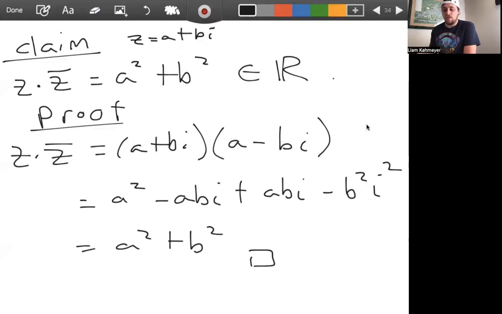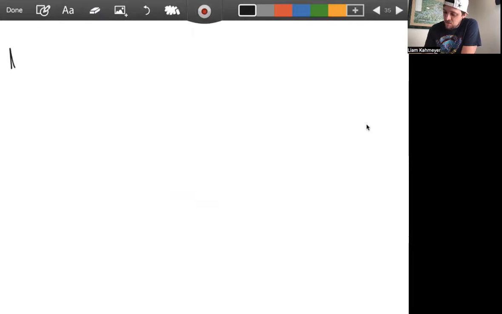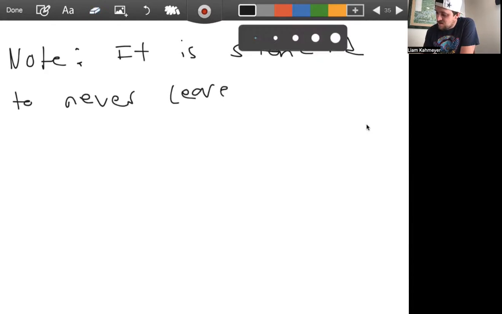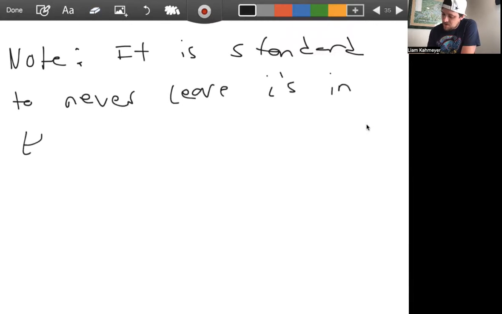Why do we care about that? Well, the reason we care about that is because this gives us a way of getting complex numbers out of the denominator. So here's kind of a note or a remark. It is standard to never leave i's in the denominator of a complex number.